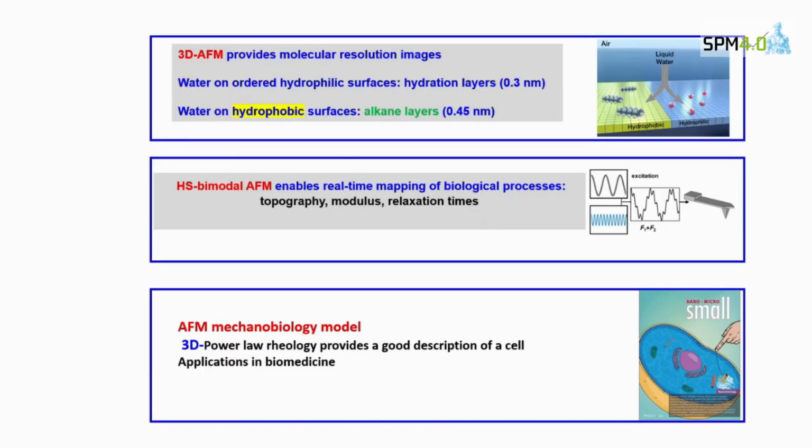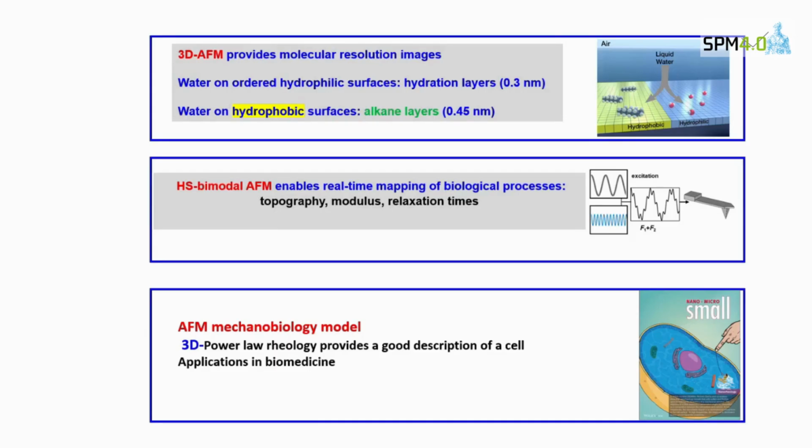So as a summary, in the topics of advanced AFM methods we are working on, we develop new tools to study solid-liquid interfaces with atomic and molecular resolution, and we have pushed the AFM to a level where no other technique, spectroscopic technique, can go. Then we are combining AFM with multifrequency approaches, the bimodal AFM, to get nanomechanical mapping of proteins in real time.